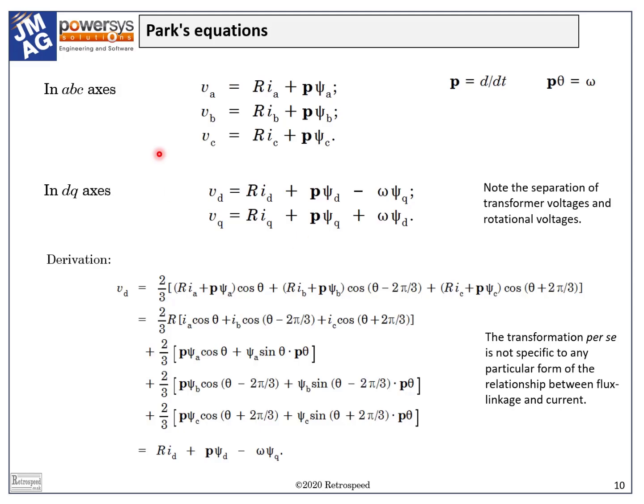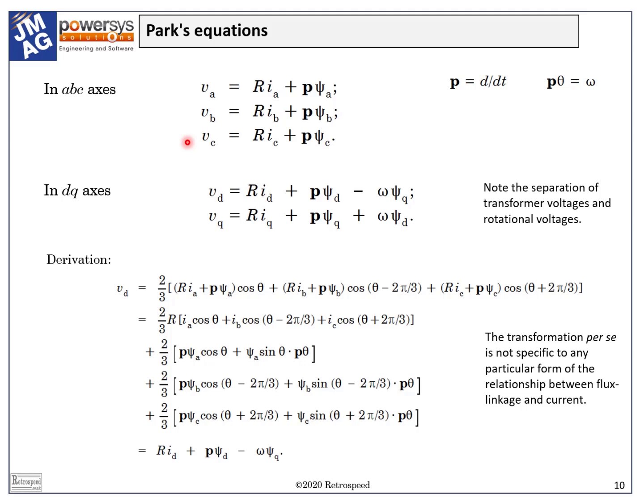In the ABC frame of reference, the voltage equations are these at the top. They can, of course, be solved as they stand, and sometimes they are, but we have to have a relationship between currents and flux linkages in order to complete the solution.